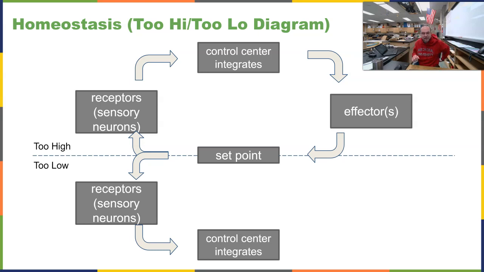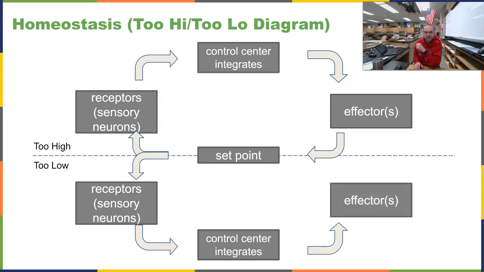So then the same control center sends impulses down efferent motor pathways to different effectors, or one different effector if only one is kicking in. And hopefully when that effector or effectors kick in, you'll bring your value back up to the set point.